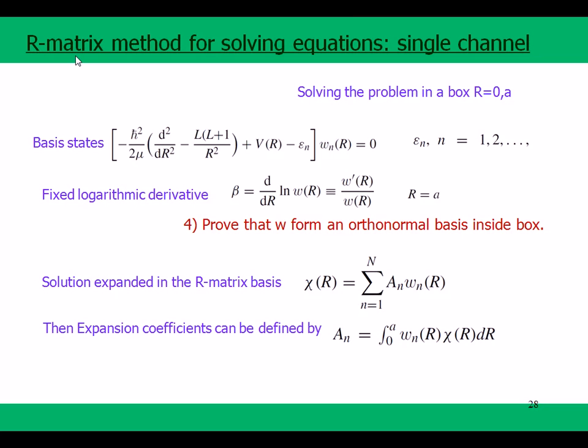So let's talk about other ways of solving that problem, and I want to touch on the R-matrix method. The R-matrix method is going to be back on the third week, but I want to introduce the concepts in the context of a single channel scattering.